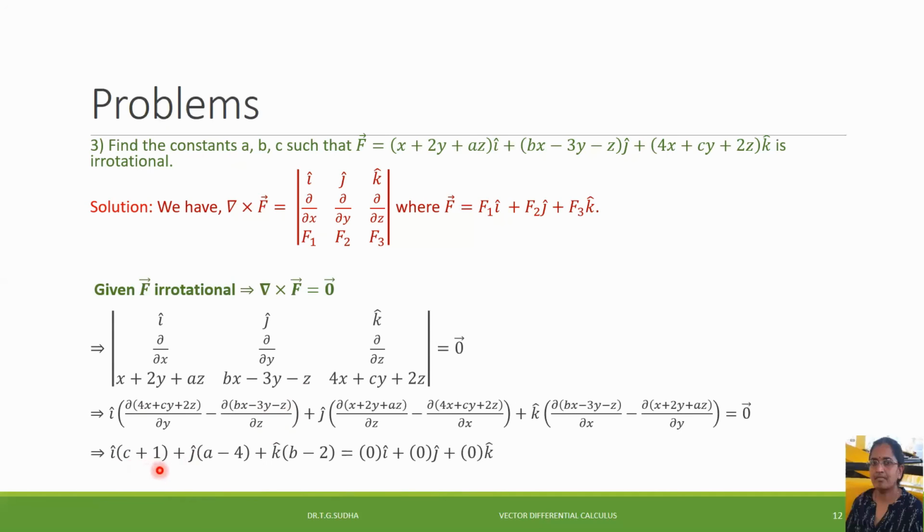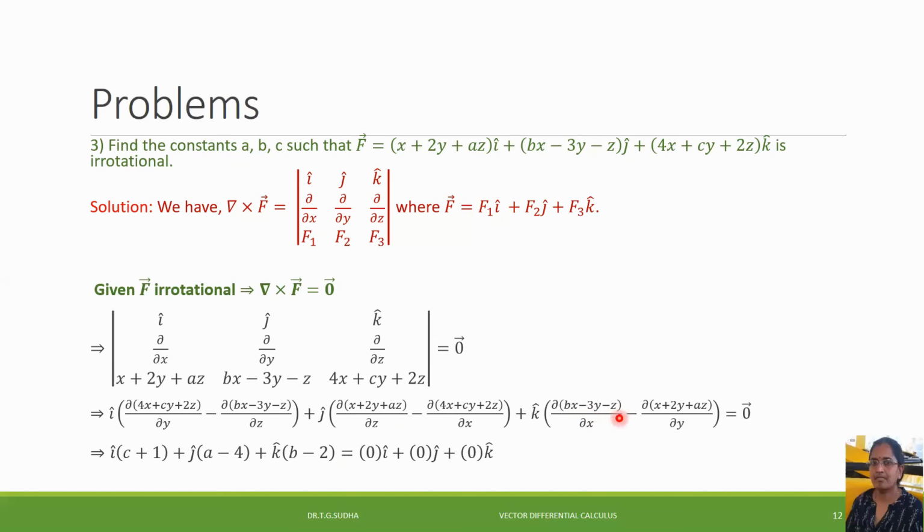So i into (c + 1). Now j into, so here the partial derivative is with respect to z. So x and 2y become 0. So a into z gives us a, minus the partial derivative with respect to x. So we get 4 plus 0 plus 0. So that is a − 4.